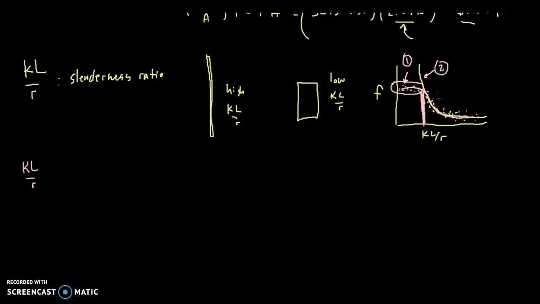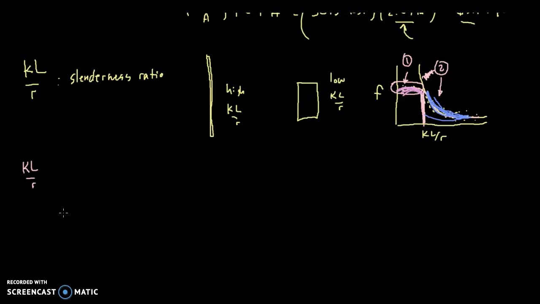Are we in this part of the curve right here? You get the idea. Are we in this part, or are we in this part over here? So which of the two parts of the curve do we fall under?